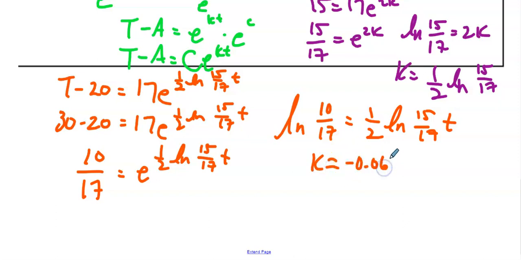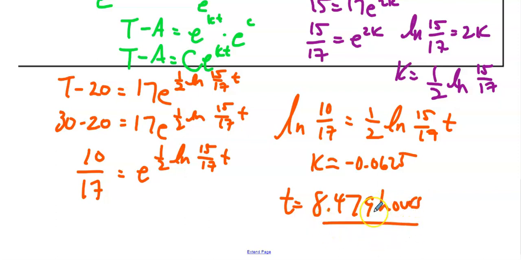But you really want to try to not approximate to the very end of this. So when all is said and done, when you find t, you're going to take this number and divide by this number, and you're going to get that t is 8.479 hours.